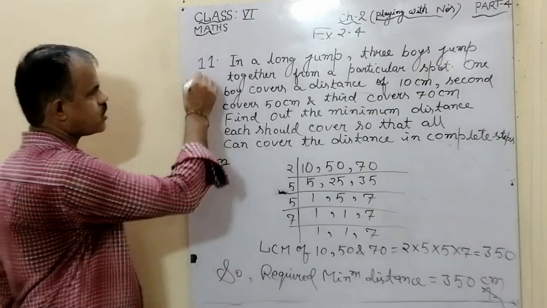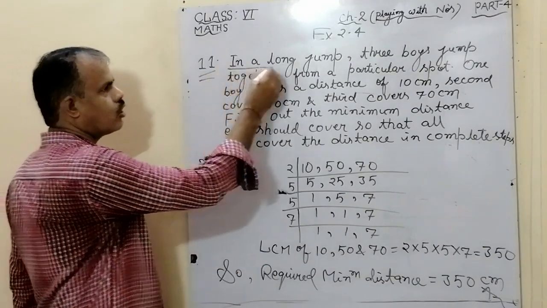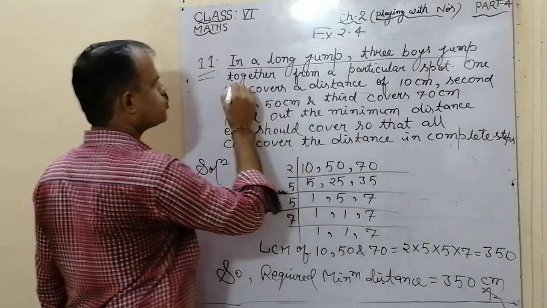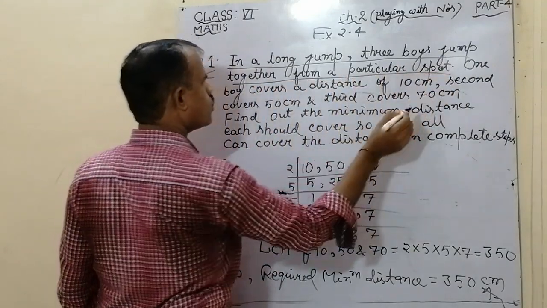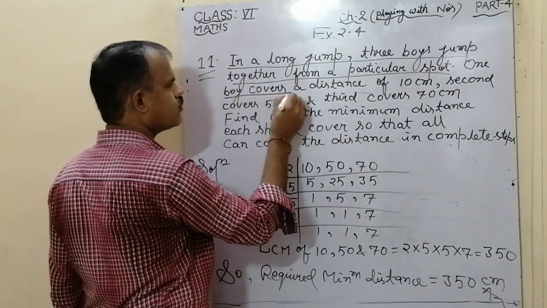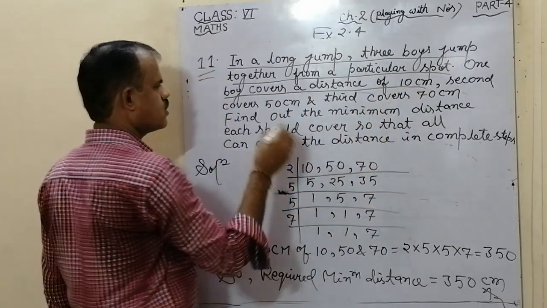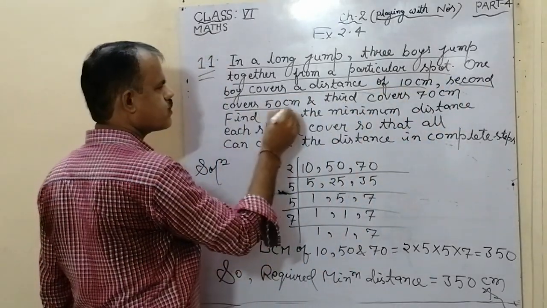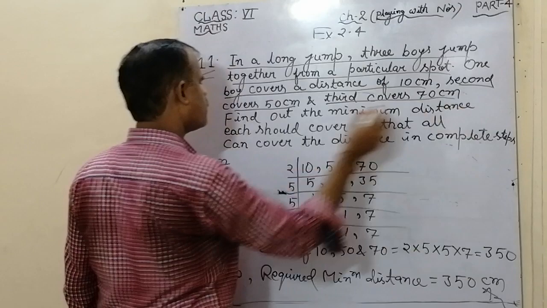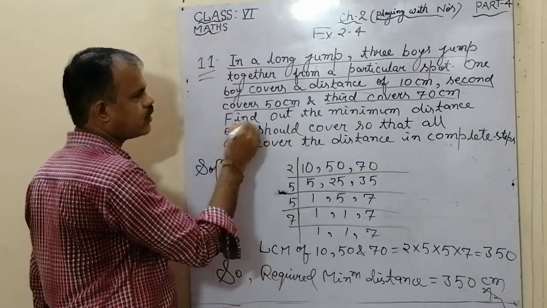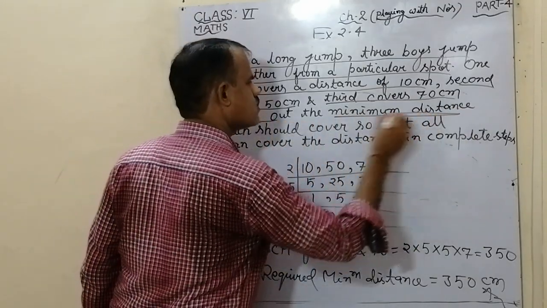Yes student, question 11. In a long jump, 3 boys jump together from a particular spot. One boy covers a distance of 10 cm, the second covers 50 cm, the third covers 70 cm. Find out the minimum distance.